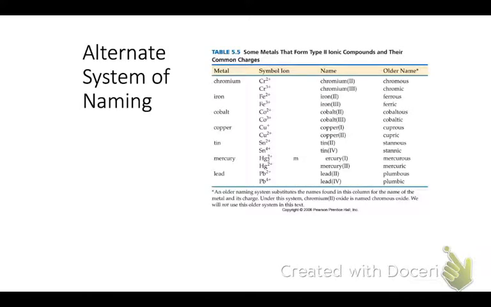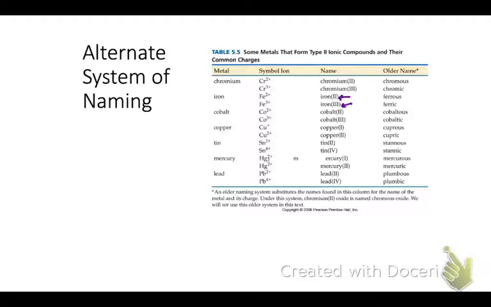Now, when the cation, like iron for example, has 2 different charges, there are 2 ways to name it. The first is to just mention the charge, iron 2 for Fe +2, iron 3 for Fe +3.